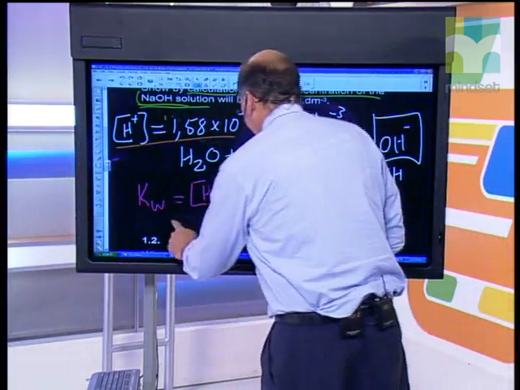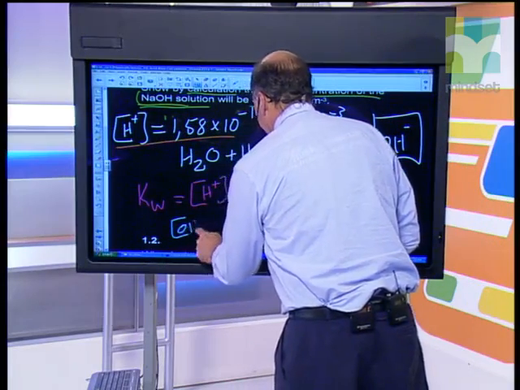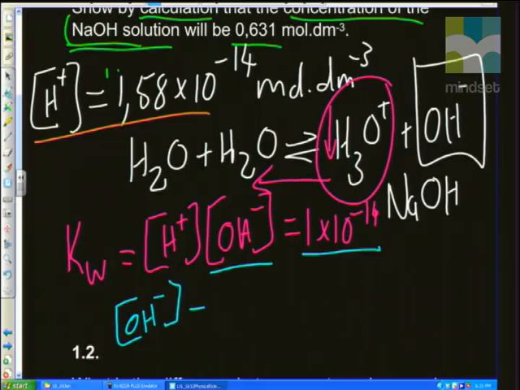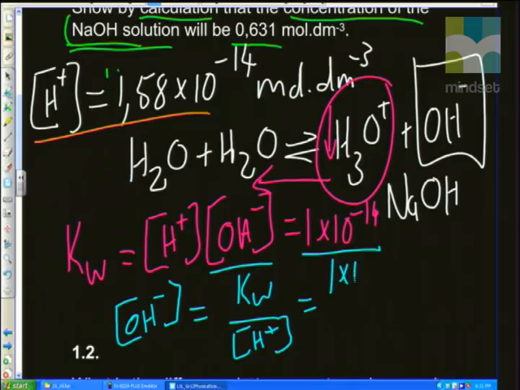So what we're going to say, the OH minus concentration, is equal to Kw divided by the hydrogen ion concentration. And what do we get? We get 1 times 10 to the minus 14 divided by our number up there, 1,58 times 10 to the minus 14. Let's put that on the calculator.